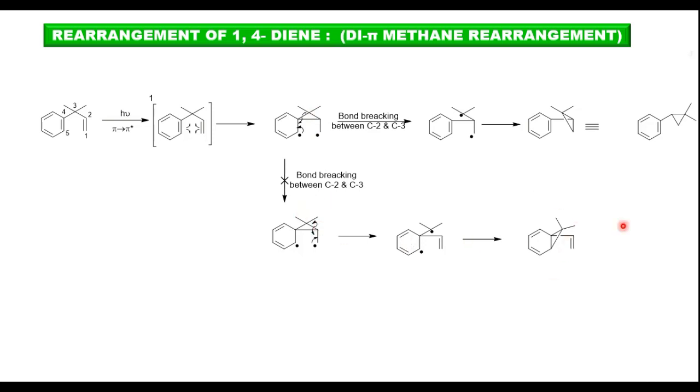But when you cleave the bond towards the aryl ring side, it gives an aromatic compound again, which is a stable product. So this reaction always takes place through this direction.